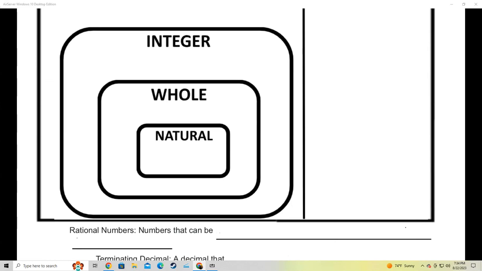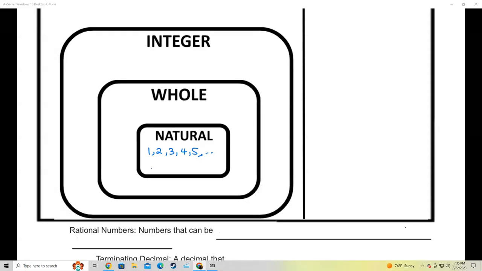Okay. So let's start with the first one, a natural number. A natural number is like the numbers that you learned when you were really small, right? So what do you teach a baby? What's the first number they learn? It's probably the number one. So natural numbers are those basic numbers, where you start with one and go to two, three, four, five, and so on. These are essentially counting numbers.